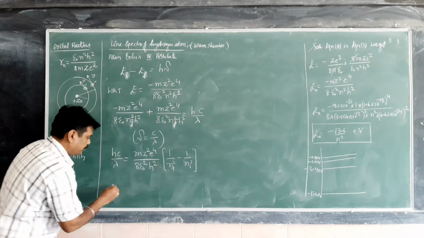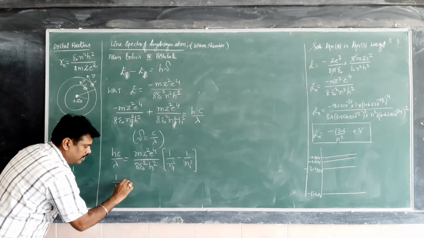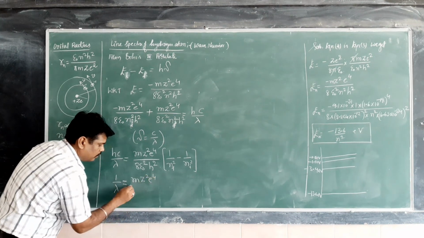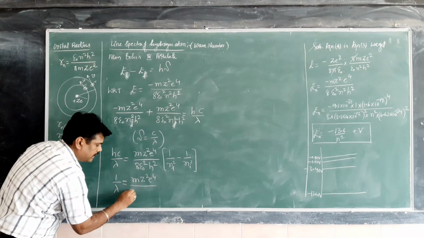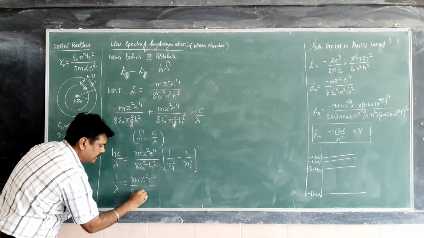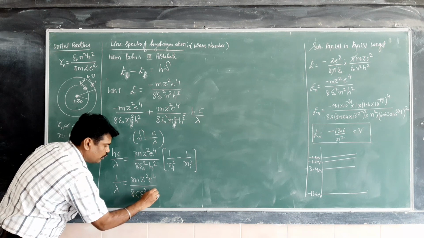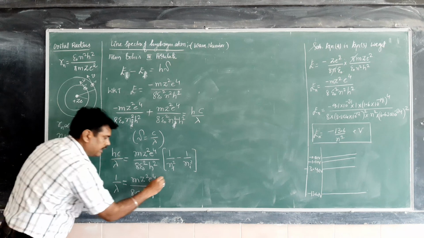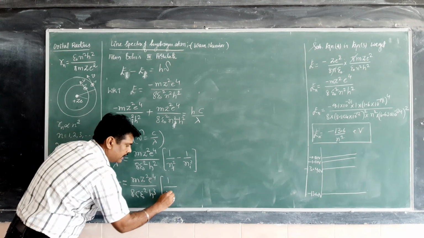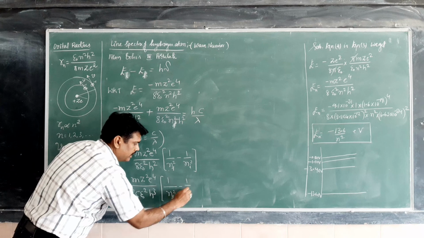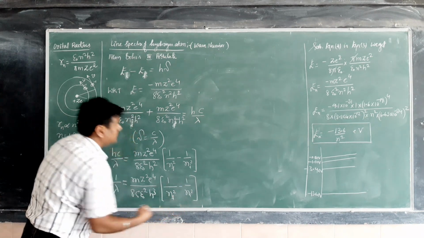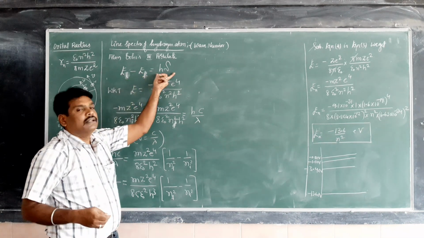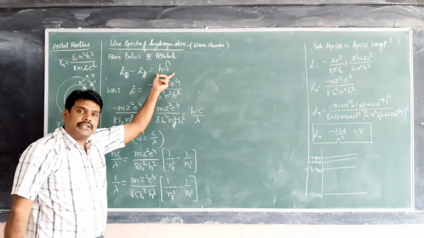In the next step, we can also write 1 by lambda is equal to m Z squared e to the power of 4 divided by 8 c epsilon naught squared h cube, because h into h squared is h cube, c as it is, into 1 by nf squared minus 1 by ni squared. It means transition from initial state to final state. That difference is the emitted radiation energy.